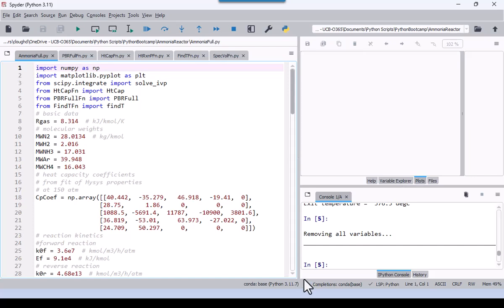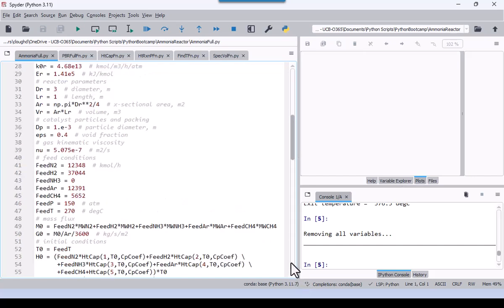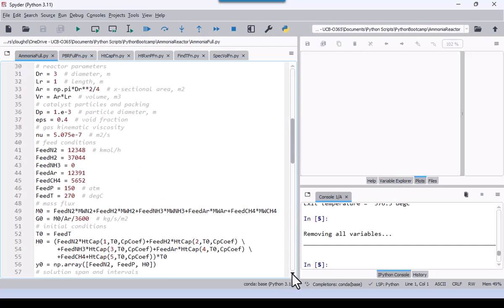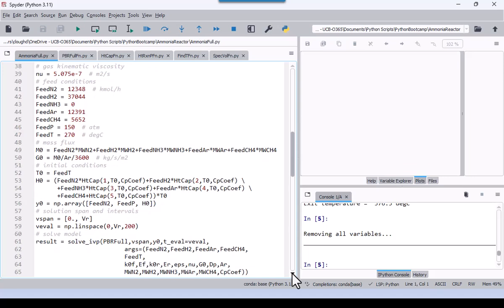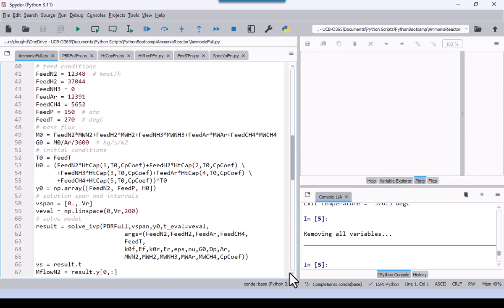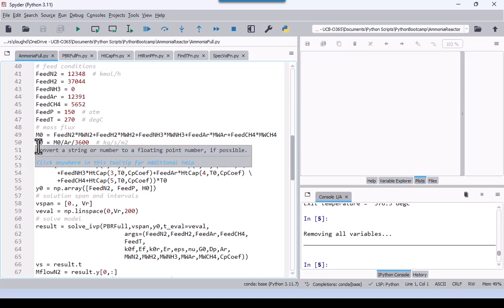So we come down through here, looking the same as before, but then we get down to the point of establishing our initial conditions, and so we get the mass flux. We compute that in kilograms per second per cross-sectional area in meters squared, and that's the mass flux according to the Ergun equation, as if the packed bed reactor were empty, and that is a constant.